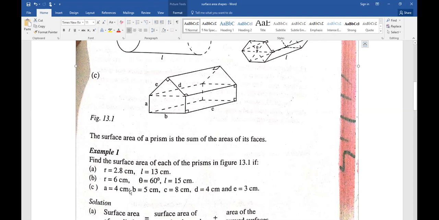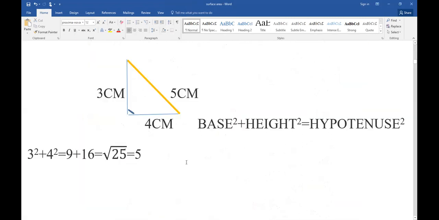That's what you're going to do. 4 multiplied by 5, and then you add a half times 4 multiplied by 3, where we have said it is a half.